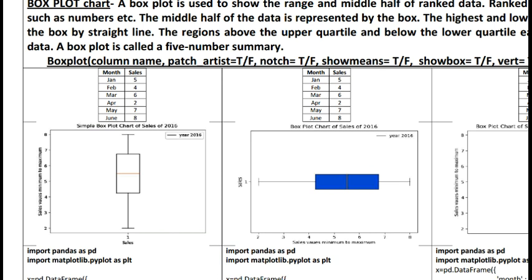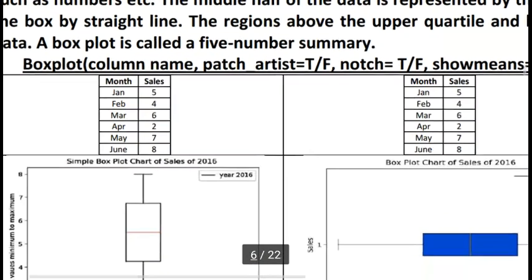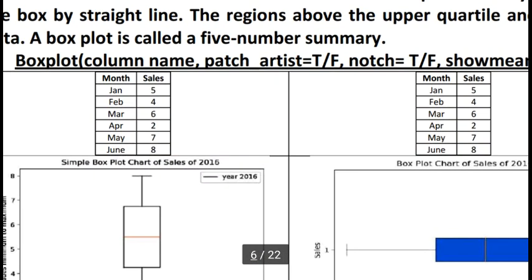The structure and syntax of the box plot function: you can see boxplot, this is our function. First we use the column name. Here again, one thing is, in a pie chart we always use a numerical column name. The same thing here, we must use a numerical column name.